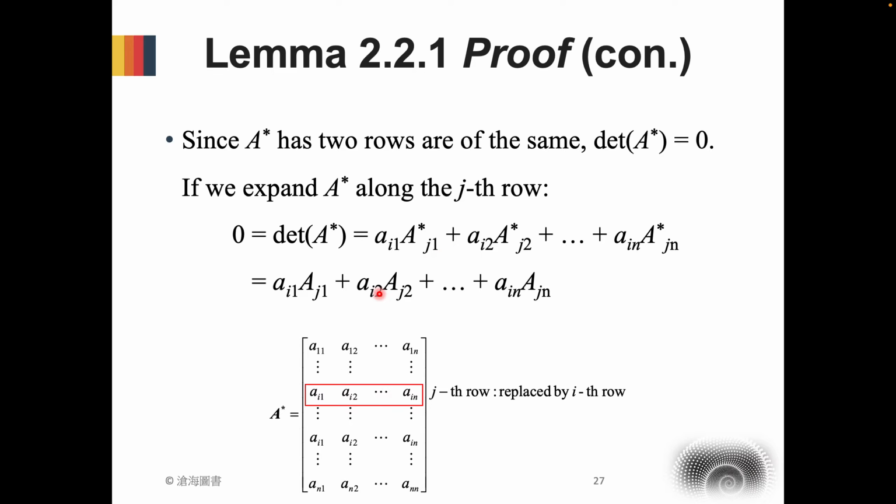And then we do cofactor expansion along the jth row. That would be ai2 times A star J2 and so on. If you look at the A star J1 carefully, you will find that it is equal to AJ1, and A star J2 is equal to AJ2.